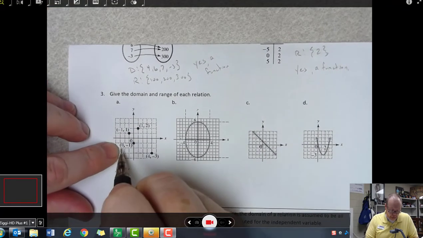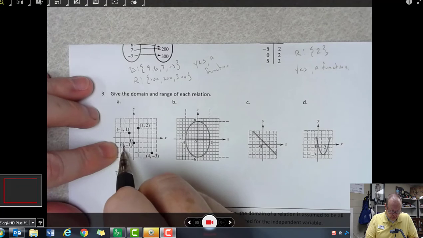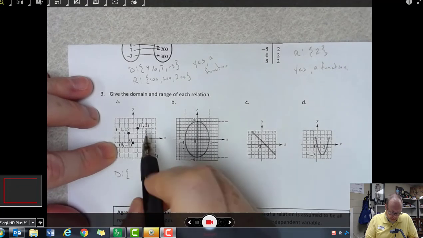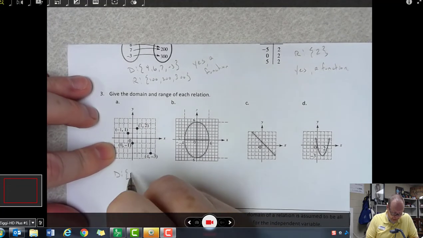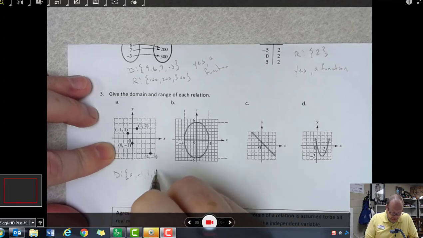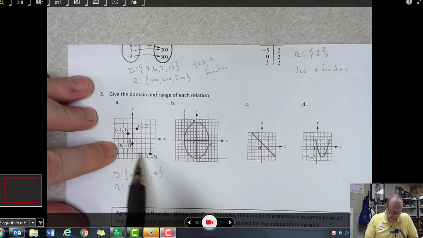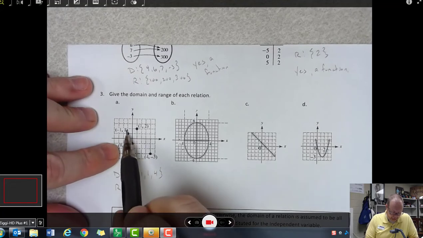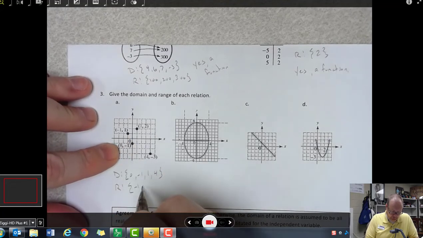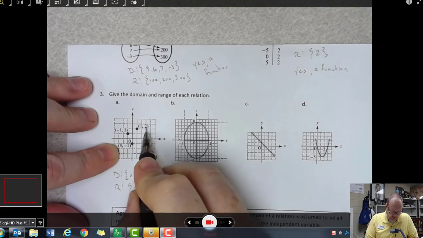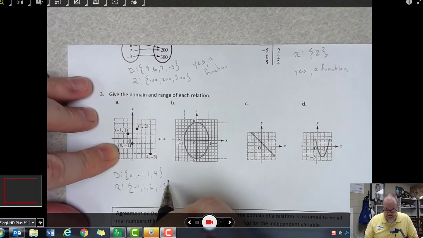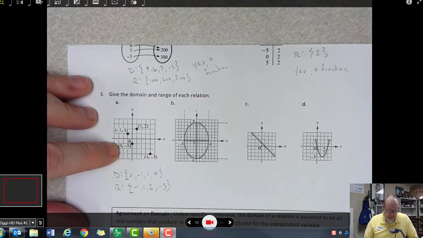It's not the end of the world if you don't, but x's are 0, -1, +1, and 4. The range is -1, +1, 2, and finally -3. And again, we can order those if we like.